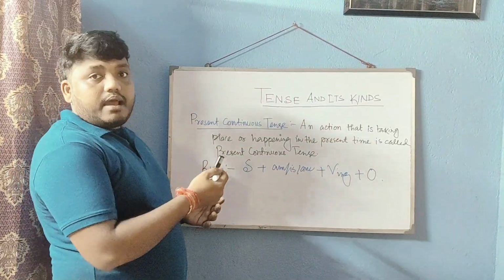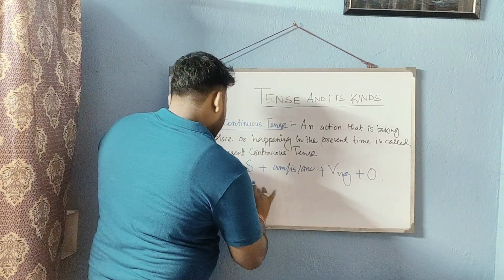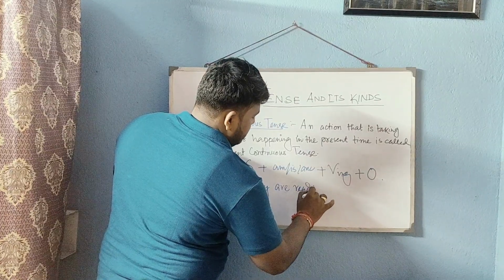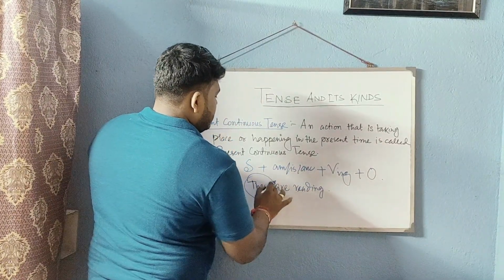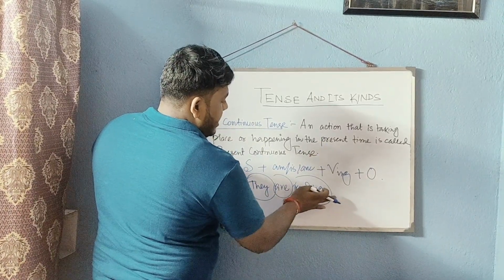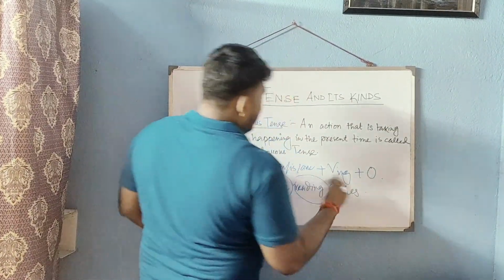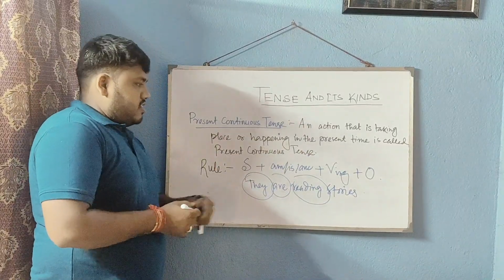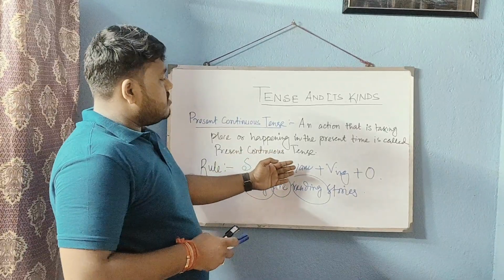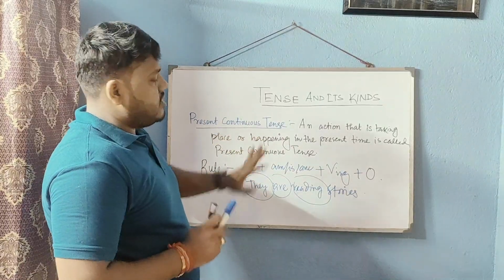The first example that I have given is they are reading. So here they is the subject, are is the be verb, and reading: read is the verb, so ing gets added to the verb. They are reading stories. So what are they reading? Stories is the object here. So subject, am, is, are, with the ing form of the verb plus object is the rule for the present continuous tense.